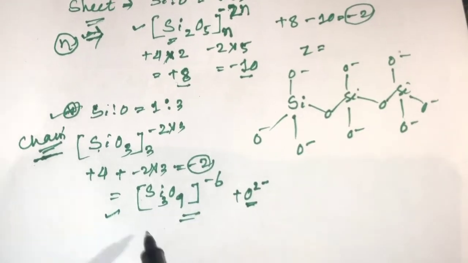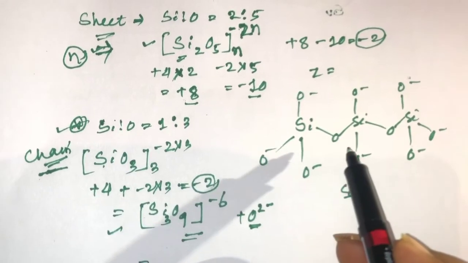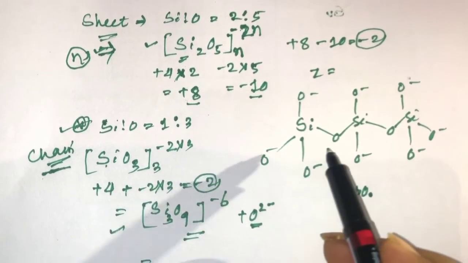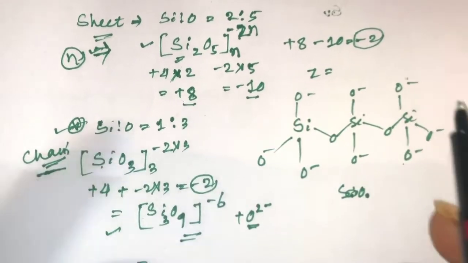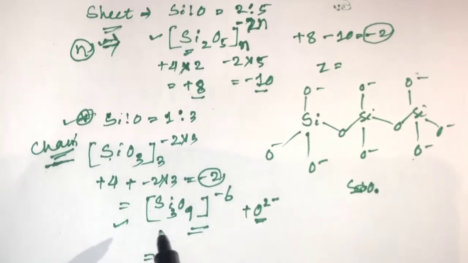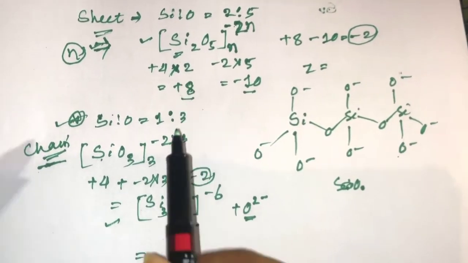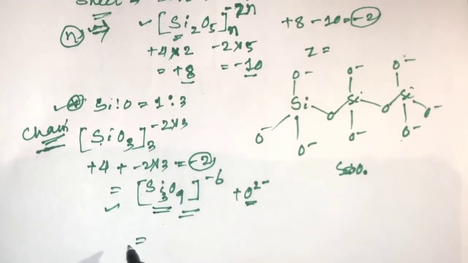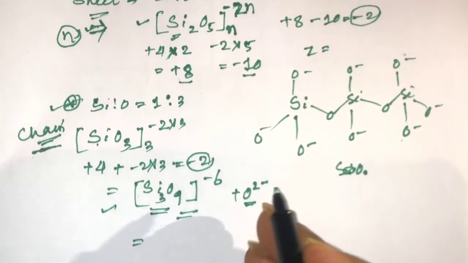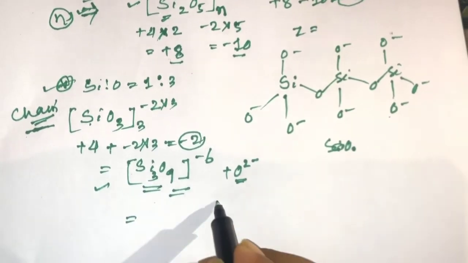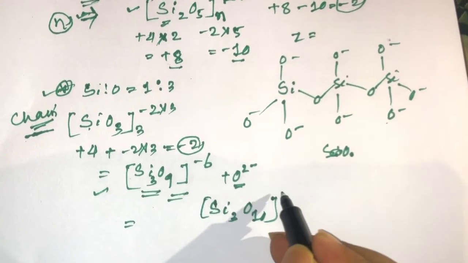If you are counting oxygen here, this is a chain silicate for 3 repeating units, and 1 2 3 4 5 6 7 8 9 10 oxygen atoms are present. But when you write the chain silicate formula by using the above rule, the formula has 9 oxygen atoms. So you have to add one additional oxygen atom, so that the formula will be Si3O10, and this will be -8.